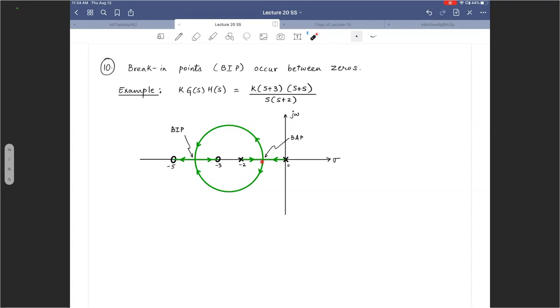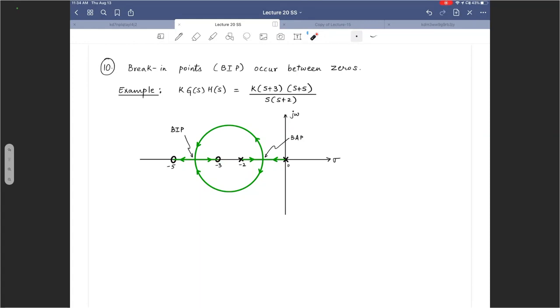I'm going to break away at a certain breakaway point. One pole is going to move in this direction because it has to tend towards a zero. One pole is going to move in this direction because it has to end at another zero. They are going to come back to the real line because they eventually have to end at a zero. That point at which they enter back on the real axis is called the break-in point, and then eventually one of them ends at this zero and the other ends at that zero.